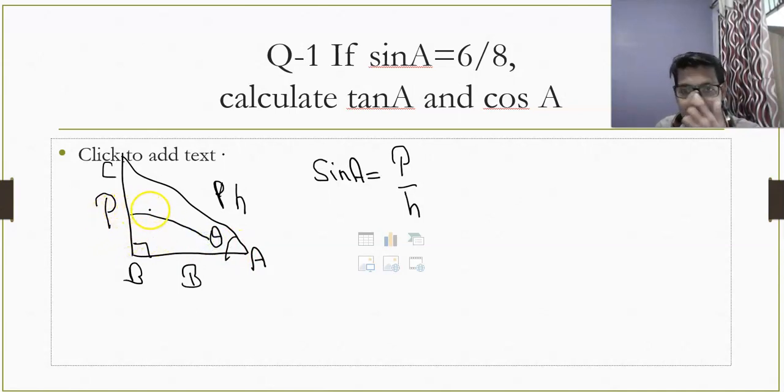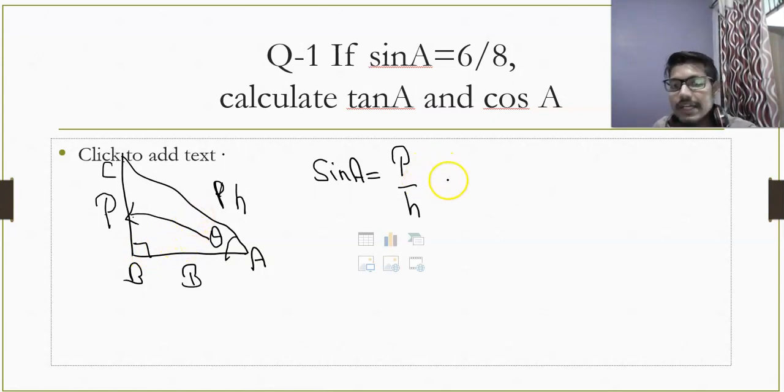It means that when we talk about the angle A, the side BC opposite to it is called the perpendicular, and the remaining side AB is called the base. And how can we know the hypotenuse? Hypotenuse is the biggest side, and it is opposite the 90 degree angle. These are some points you have to keep in your mind while solving questions.